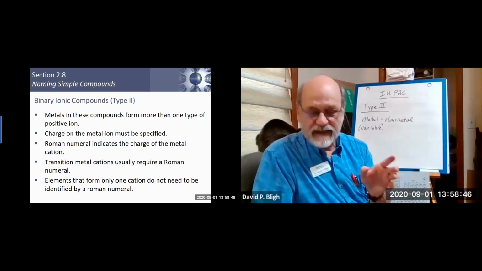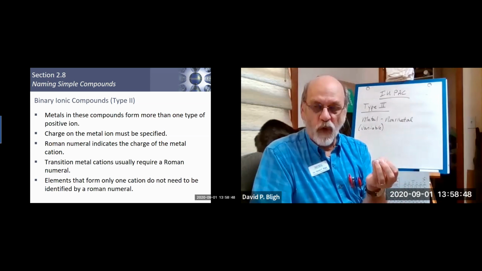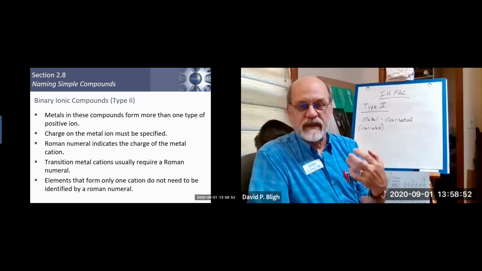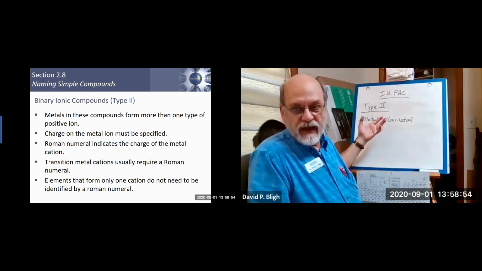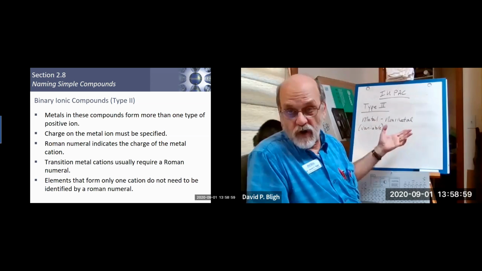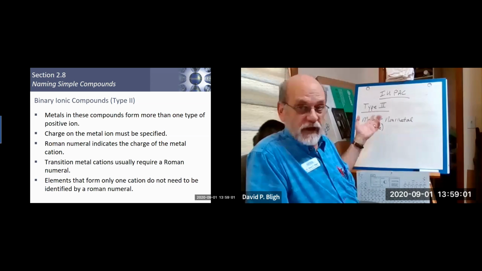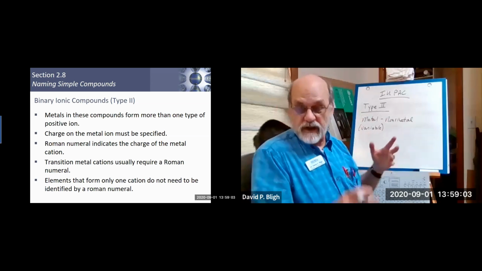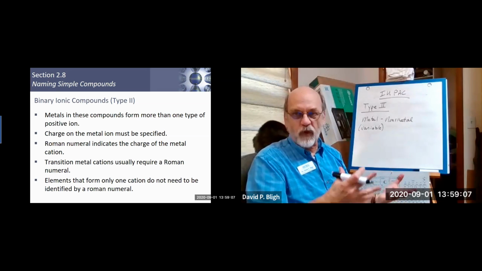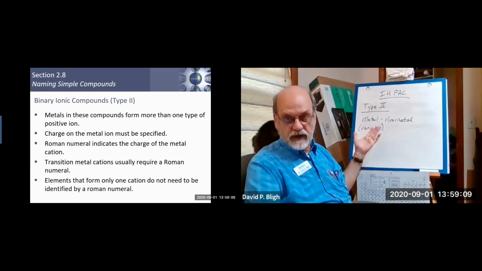That doesn't mean that once the compound is formed, the charge can change. It means that when we form the compound, we could form it from a metal of a 2+ charge, or we could form it from a 3+ charge. But once the compound is formed, the charge is fixed for the compound.